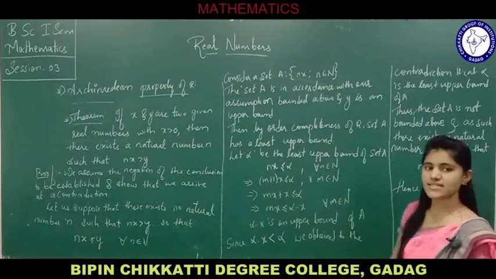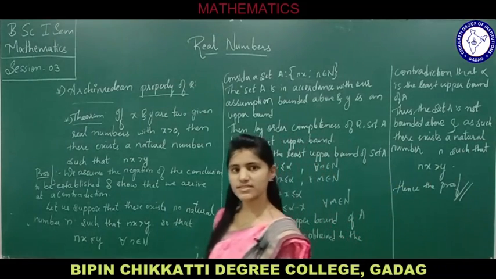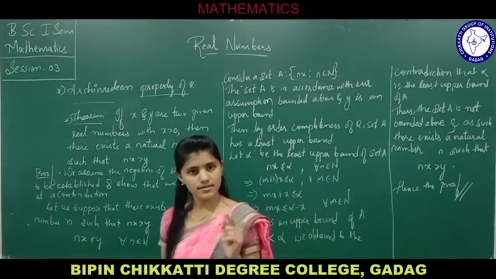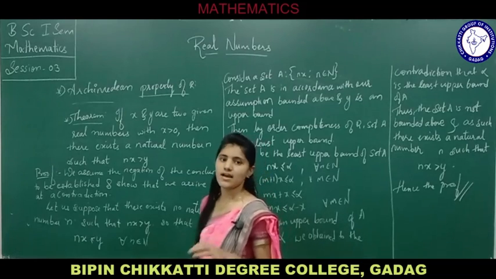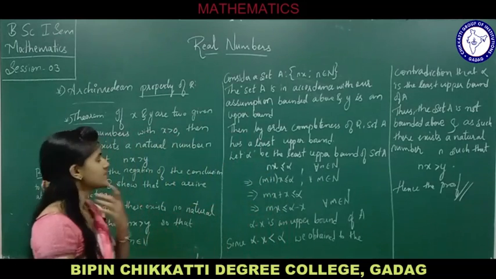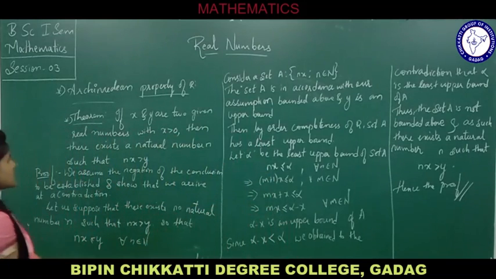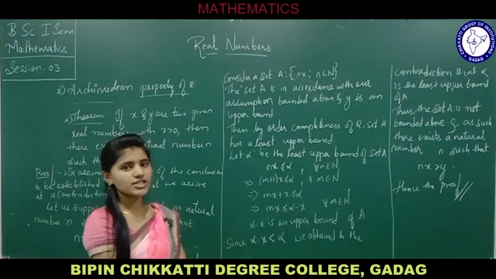Okay, let us glance once. What they have said: x and y are two real numbers, x is greater than 0. Then there is one natural number n such that n into x is greater than y. So we have proved this theorem by the contradiction method.